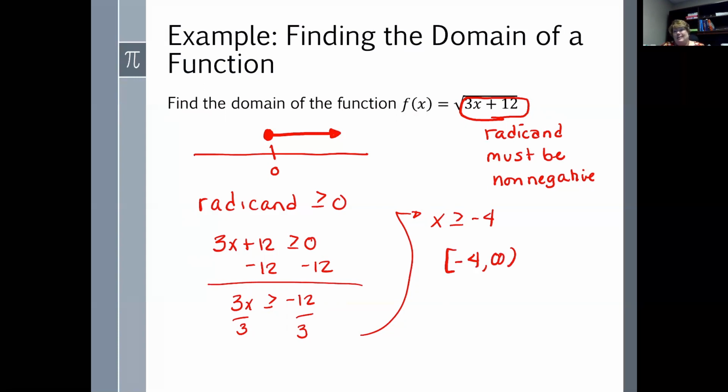And that makes sense. It makes sense that if you were to substitute a number smaller than -4 into that function, for example, if you evaluated it at -5, let's say, that's a number smaller than -4, what happens?